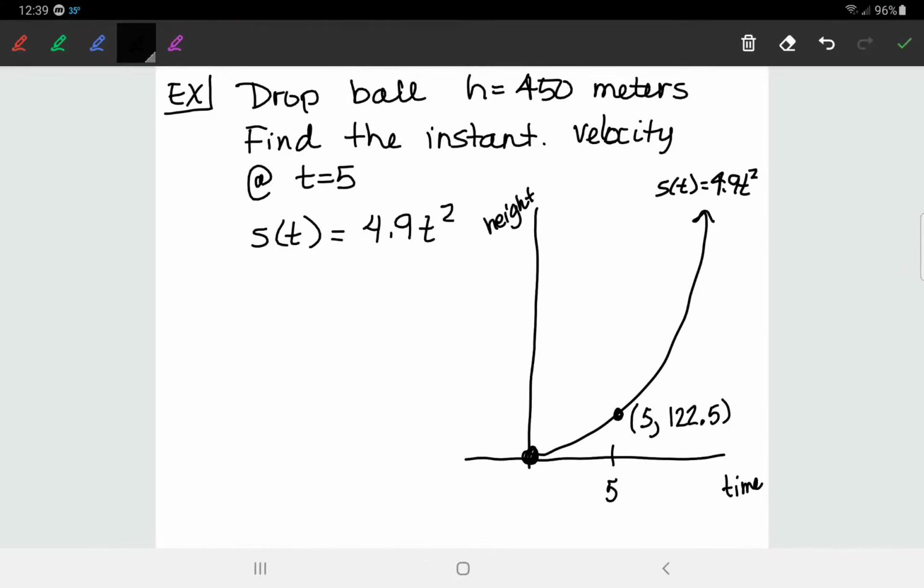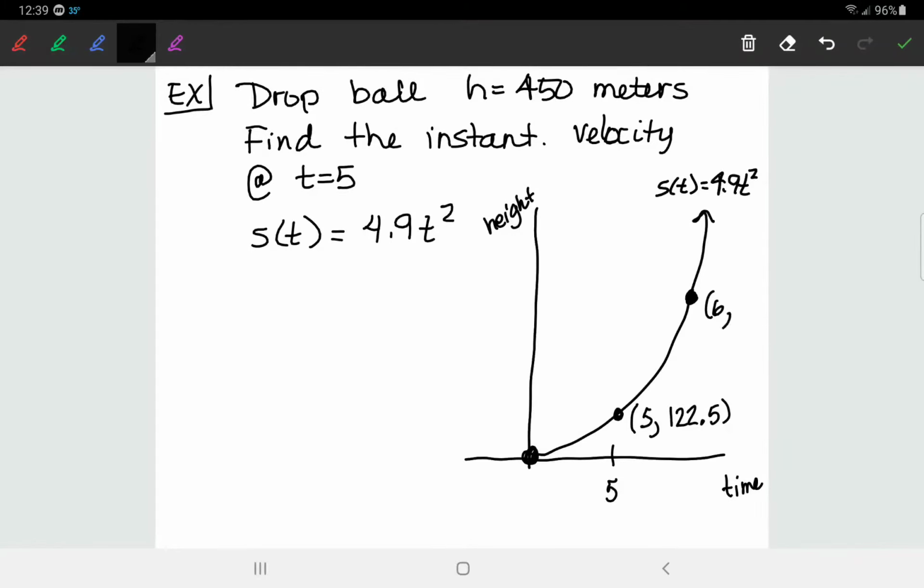Now, we're going to use the average velocities to find that instantaneous velocity. Again, we're going to be looking at the slopes of the secant line and then take the limit of that to find the slope of the tangent line. The slope of the tangent line at t equals 5 will be the instantaneous velocity. Now we can pick any other point to start our investigation.